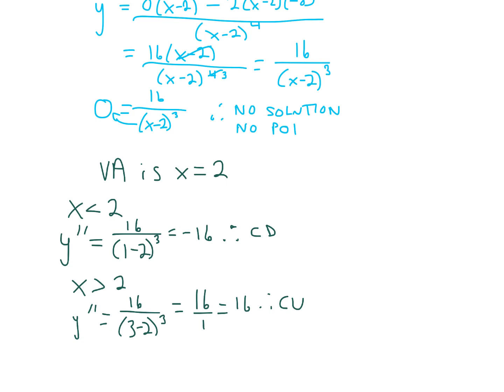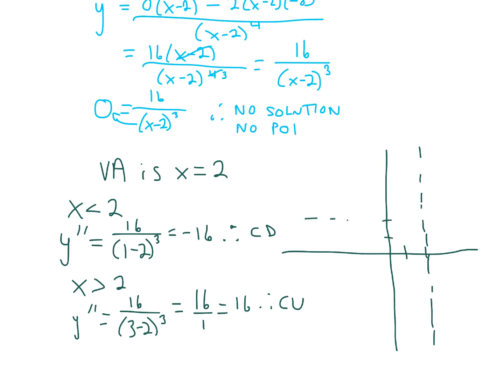And so I think we were correct in assuming that our curve, because it has no max or min points, and because we knew that we had our intercepts at negative 2 and negative 2, that our curve is going to look something like this.